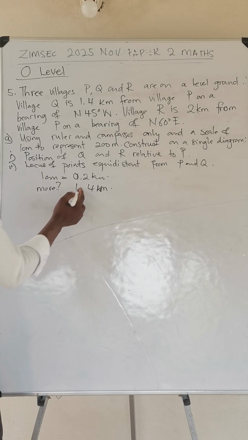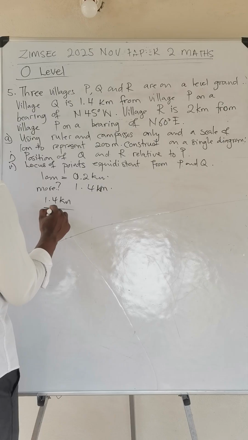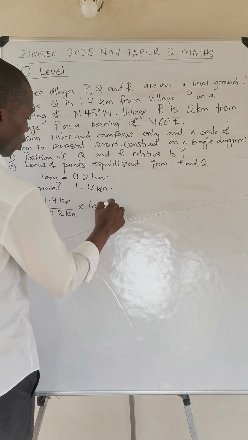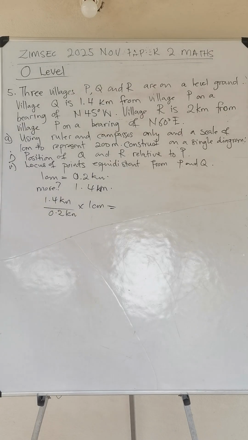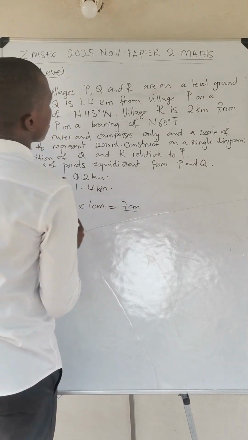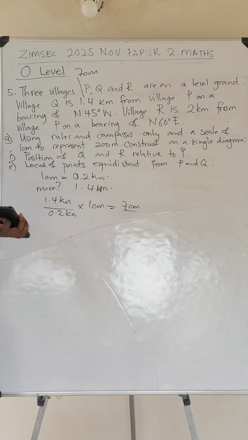So here it will be 1.4 kilometers over 0.2 kilometers multiplied by 1 centimeter. Let's use the calculator for it to be very accurate. 1.4 divided by 0.2 multiplied by 1, so we get 7 centimeters. So here we are going to use 7 centimeters on paper.